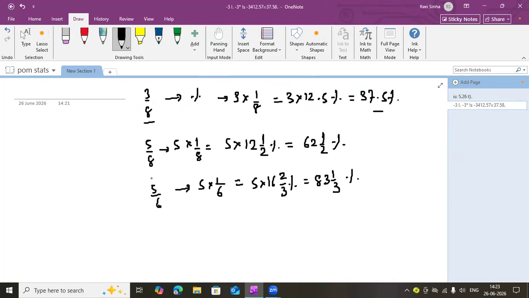Easily we have converted. We will see some more examples to further clarify how easily percentage values can be converted into fractions and fractions into percentages. I hope up till this point the explanation has been properly guided, and we'll see some more problems.